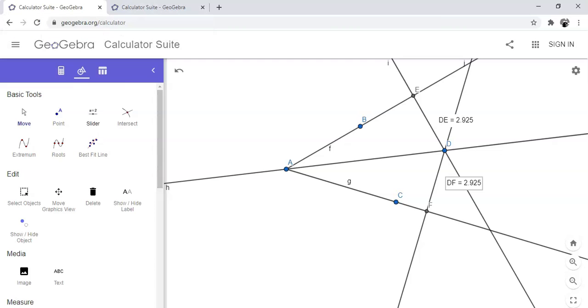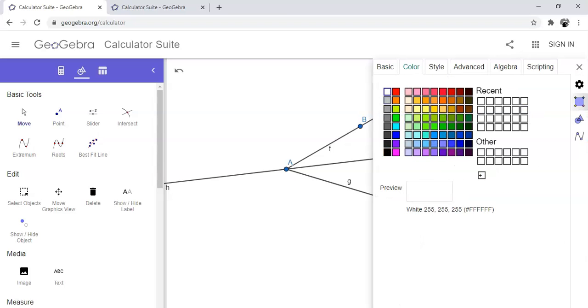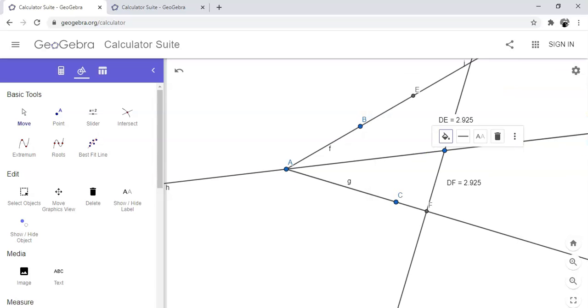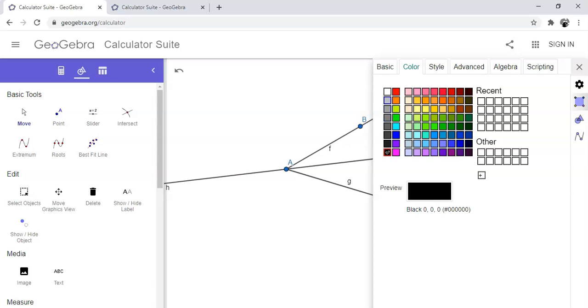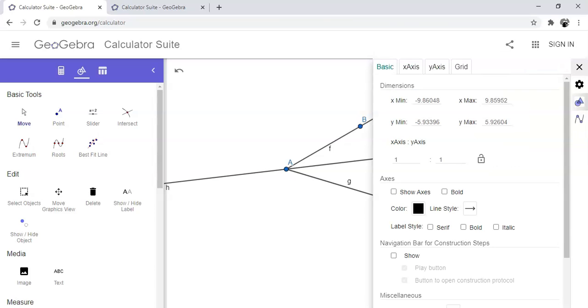Well, if we clean up our diagram just a little bit, we can kind of get a better picture of this. So I'm going to get rid of these. Now I'm not actually getting rid of them, I'm just hiding them so that they're not in our way.